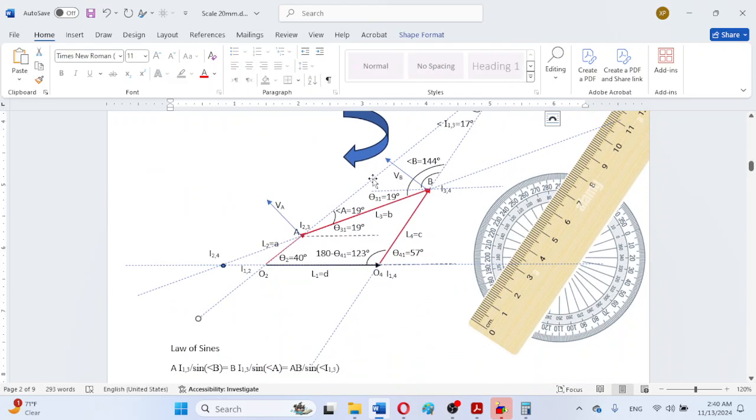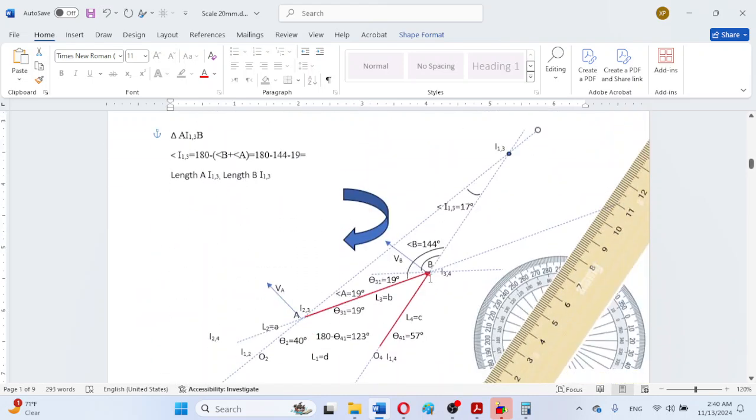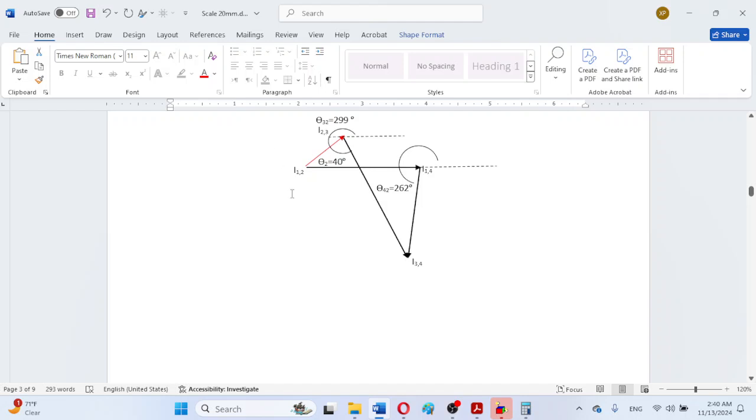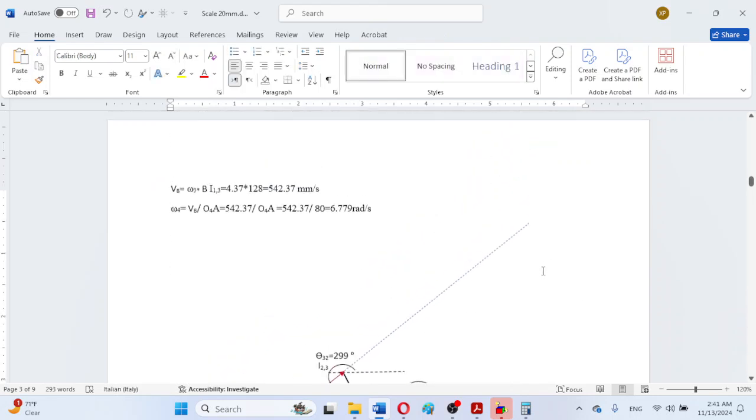In a similar manner, this I1,2 and I2,3 line can be copied from here and pasted out here, and after that at the same angle it can be copy pasted here, exactly overlapping as much as possible.